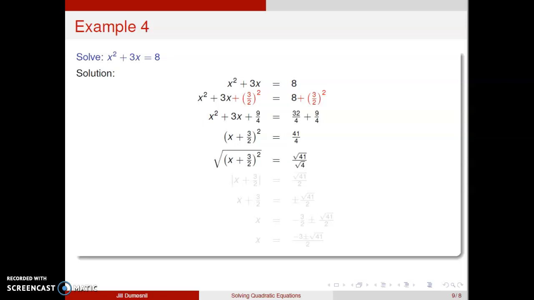We take the principal square root of both sides and use the quotient rule for radicals on the right-hand side to square root the top and square root the bottom of the fraction. The square root of a perfect square yields an absolute value, and removing the absolute value produces plus or minus.